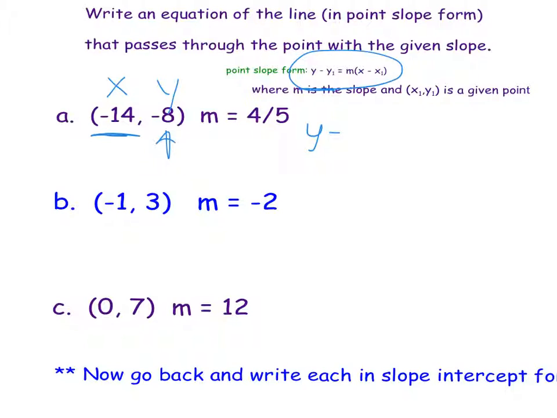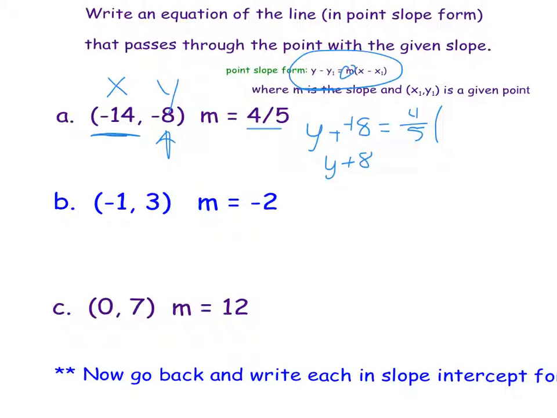It says minus and then a negative 8. So I'm going to right away, so I don't forget, change it to keep, change, change. So really it is y plus 8. And then m, my m right here is 4/5.